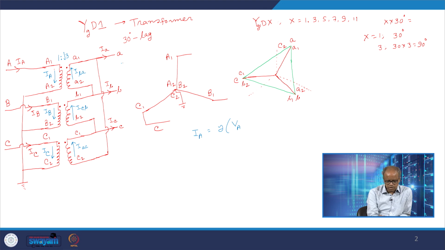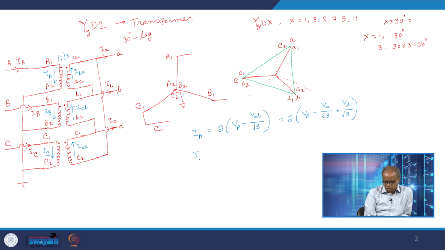This voltage is basically VAB, so it is VA minus VAB. Because of this 1 by root 3, it would be 1 by root 3. So IA is equal to y into (VA minus VAB by root 3), so y into (VA minus VA by root 3 plus VB by root 3).